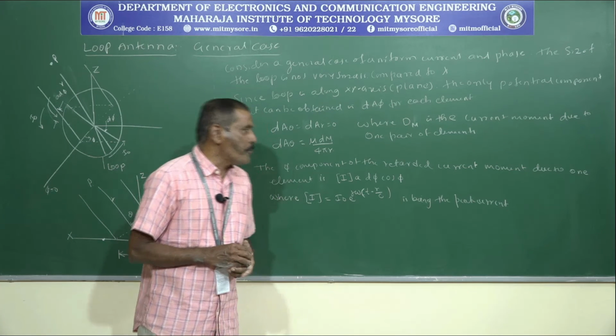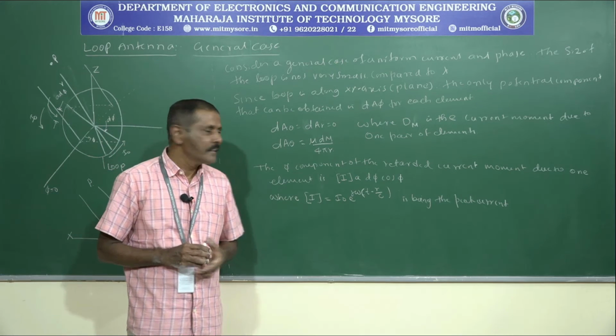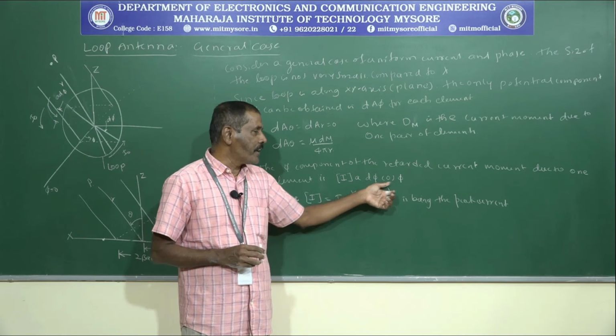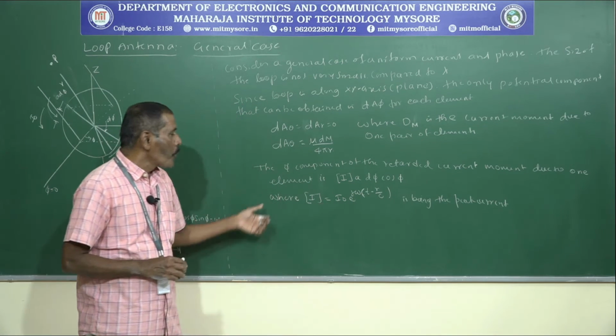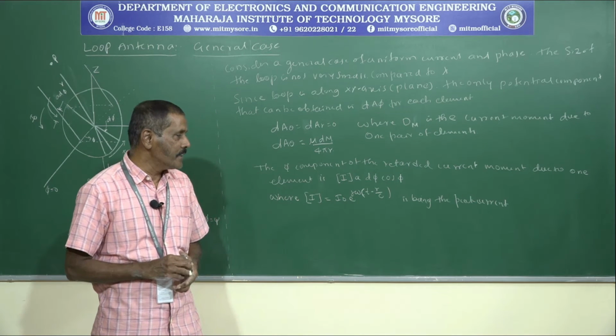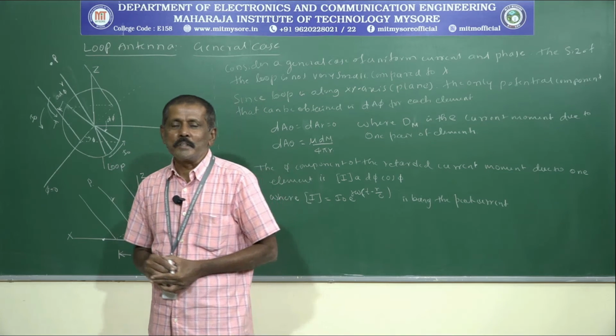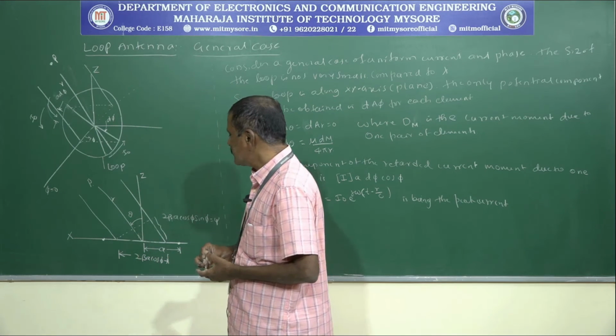Now, the phi component of the retarded current moment due to one element is I of a d phi cos phi, where I is equal to I0 into e to the power of j omega into t minus r by c, being the peak current produced in the antenna elements.